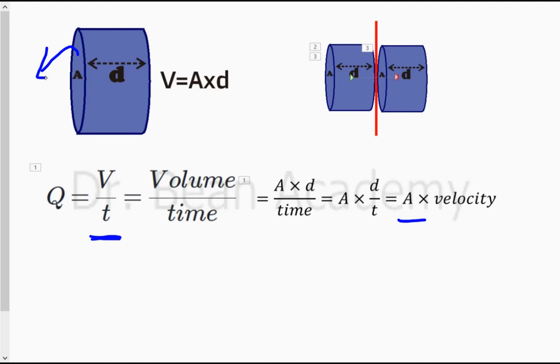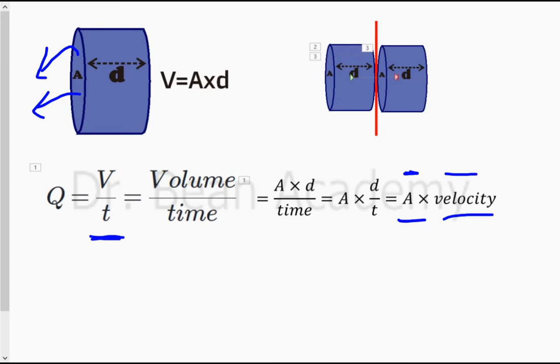So if you want to know the area of that volume of water, this area is actually equal to the area of the pipe, the hose pipe in our problem. And then velocity is the velocity of the liquid inside the pipe. So it means I can calculate V over T by multiplying the circular area of the pipe by the velocity of the liquid inside the pipe.